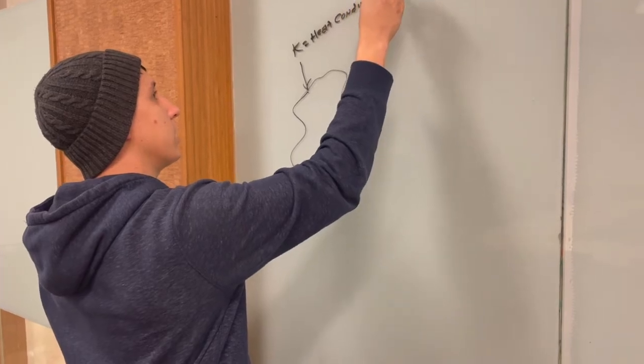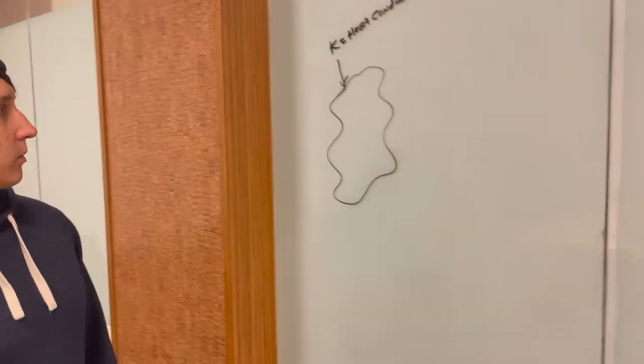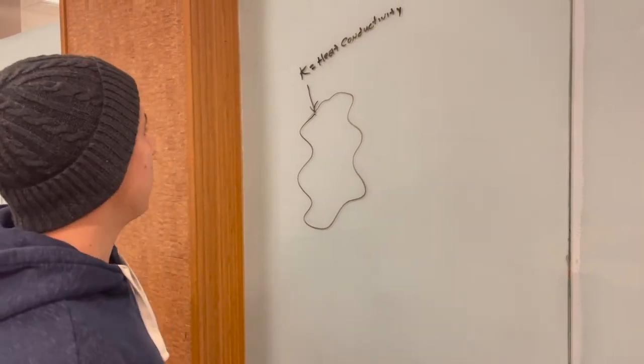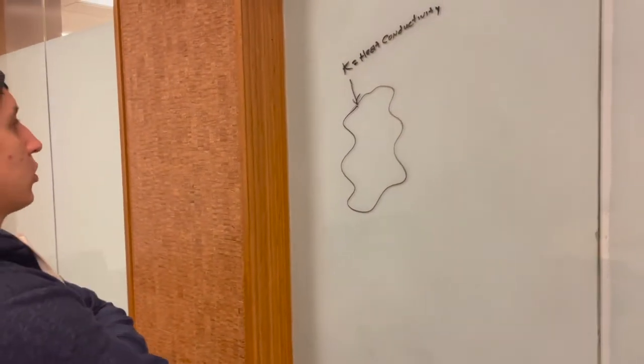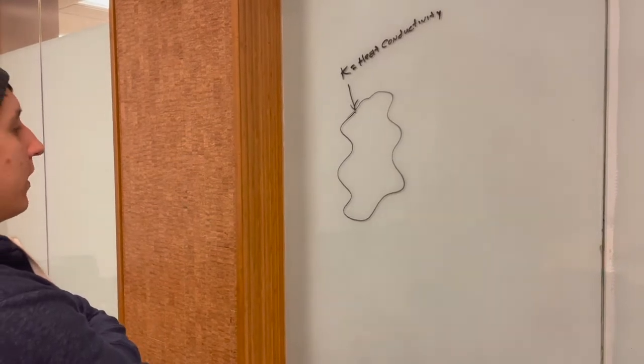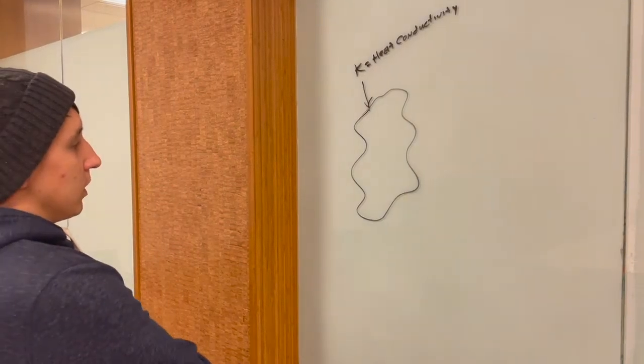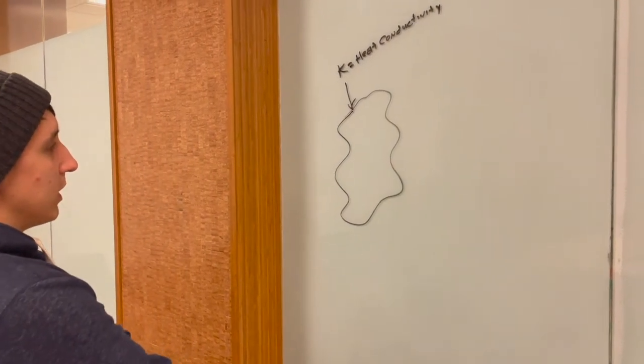This property of matter is an intensive property. It doesn't change, generally speaking, at least. This is going to help us with our equations, on how that heat is being transferred within this object.